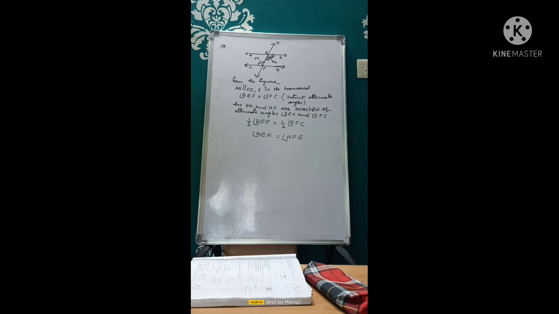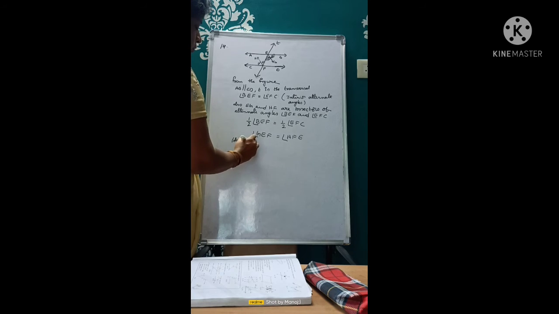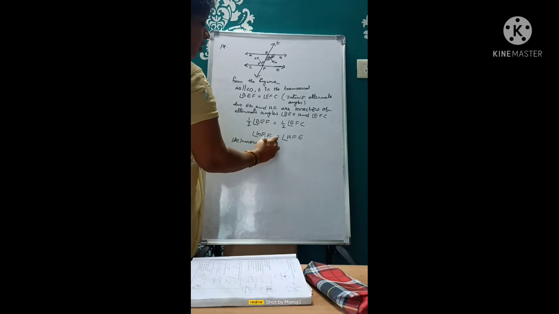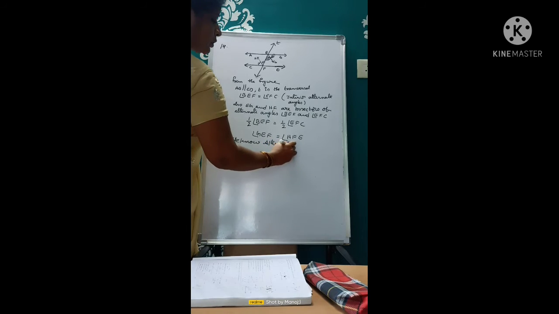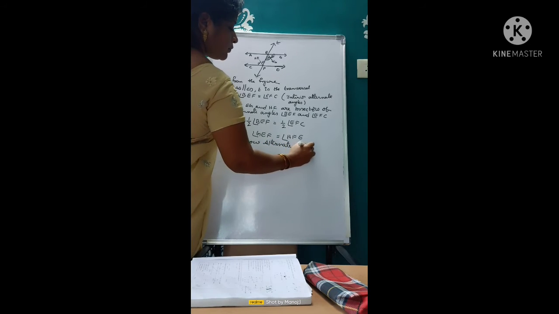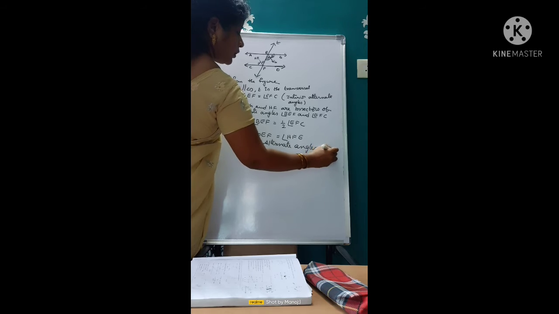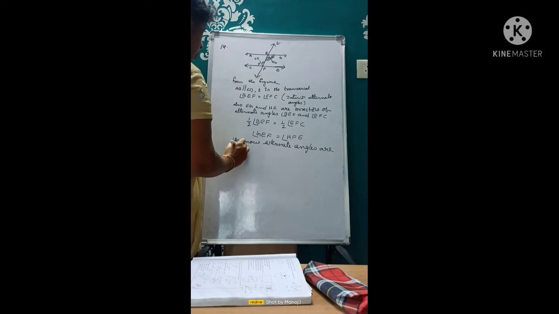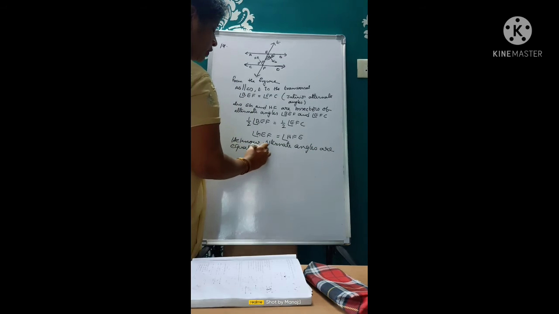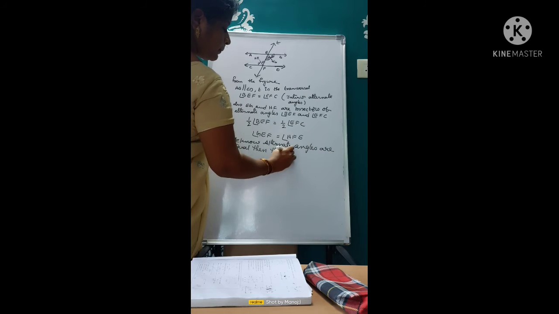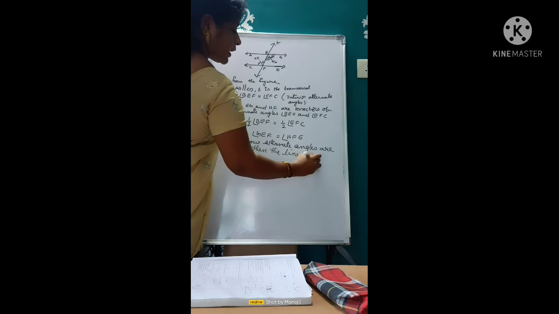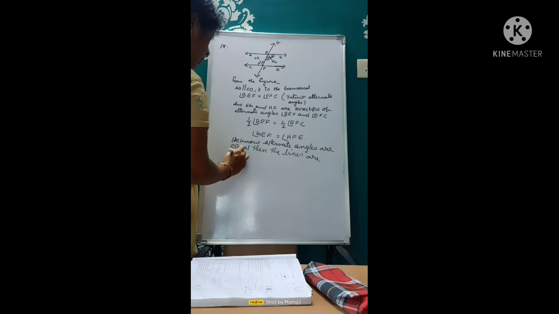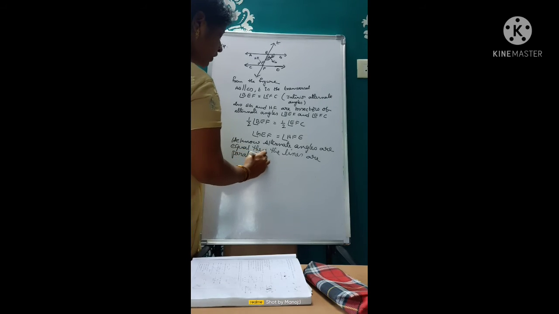If these two alternate angles are equal, what about the lines? The lines are parallel to each other. So write down: hence, we know that if alternate angles are equal, then the lines are parallel to each other.